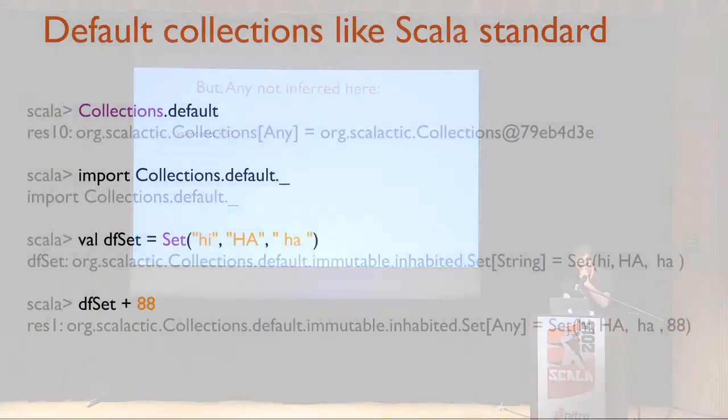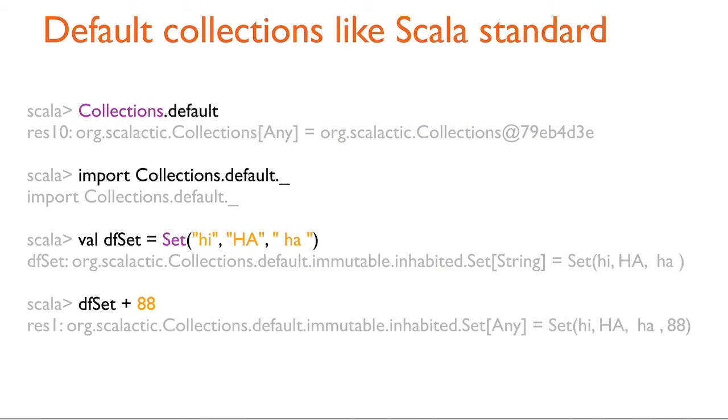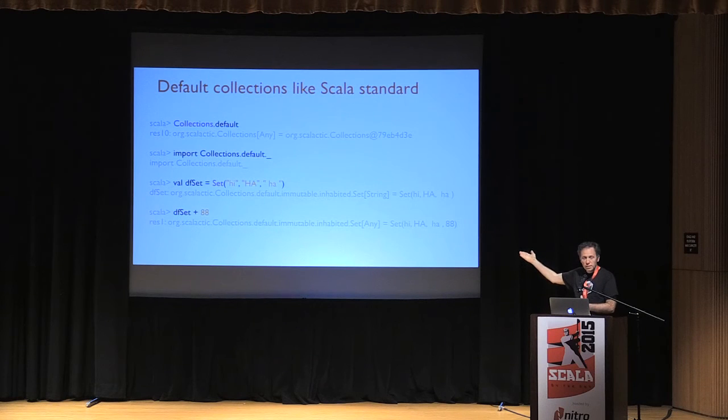Okay, and then there's something called default, where I just say collections.default and I get a collections of Any. If I import that, it really feels like you're using the Scala standard library, because it uses default equality for Scalactic, which is always dot equals, except for arrays, where it calls dot deep.